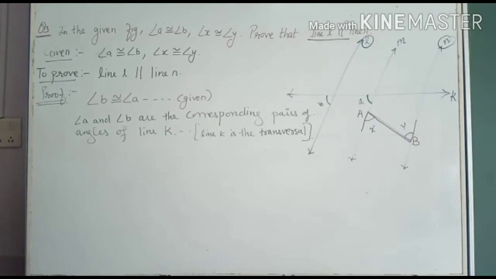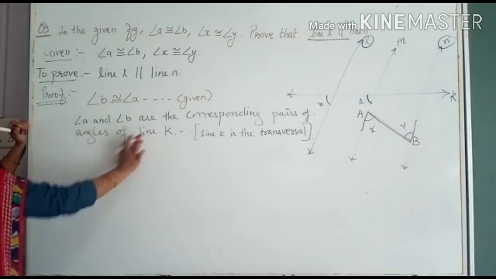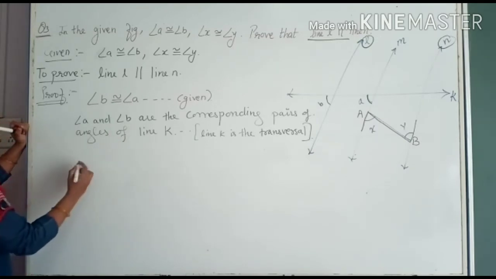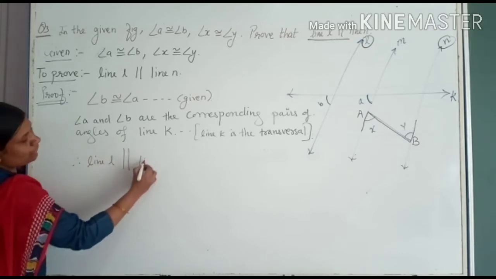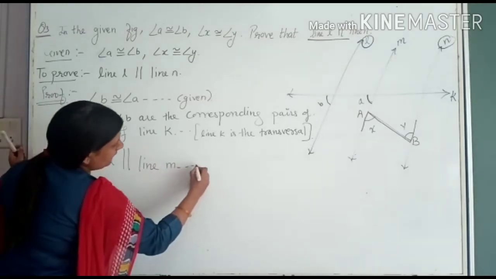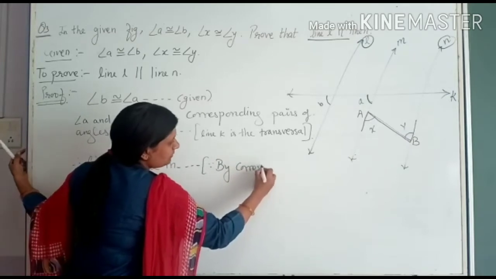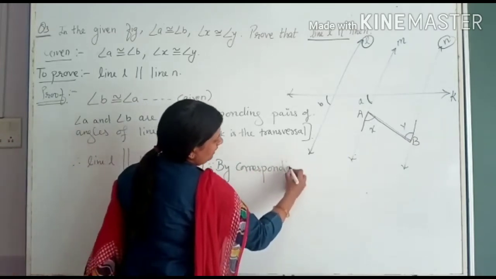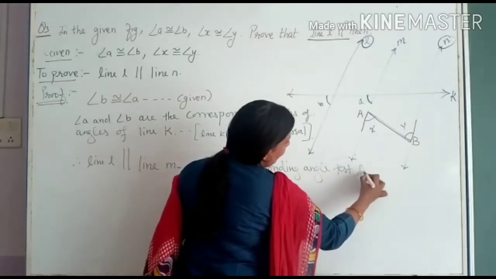So angle A is congruent to angle B or angle B is congruent to angle A, they are the same only. Now next, if angle A and angle B are congruent to each other, these are the corresponding pairs of angles of line K. Therefore, line L is parallel to line M. Reason: since by corresponding angle test for parallel lines.